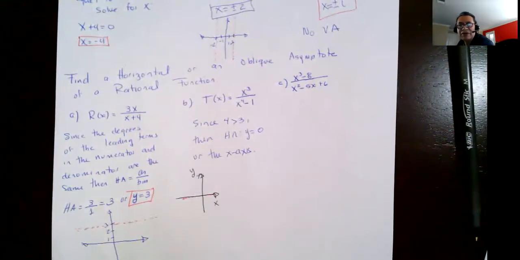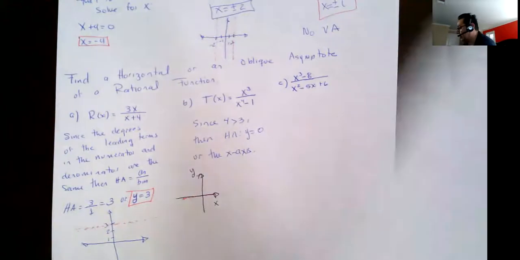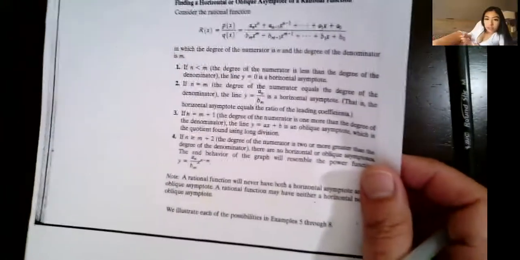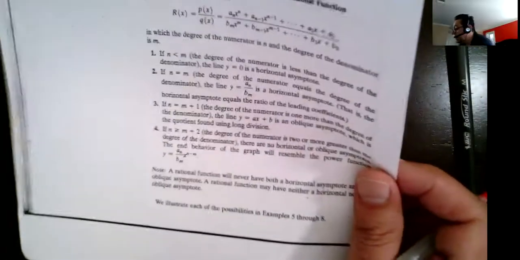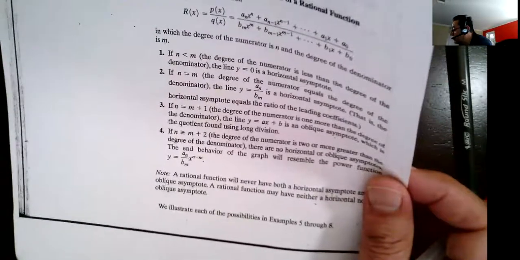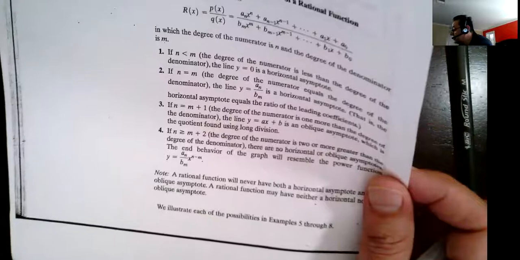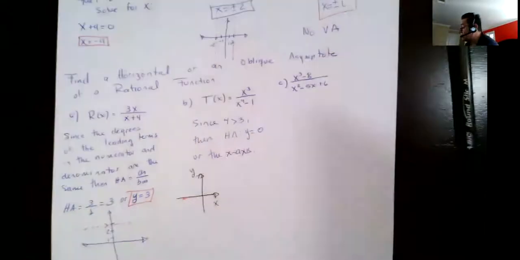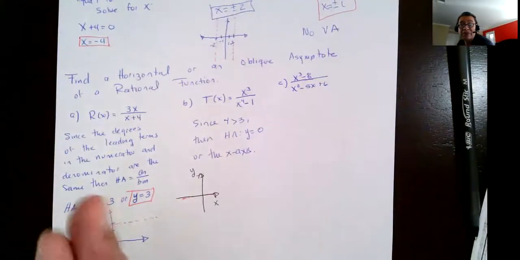Notice the degree of the numerator is larger than the degree of the denominator. Let me put back the rules that we have here. It's the third one, right? Yes, you're right. The third case says the degree of the numerator is 1 more than the degree of the denominator. It says the line y equals ax plus b is going to be the oblique asymptote. Here we're going to have an oblique asymptote, you guys.